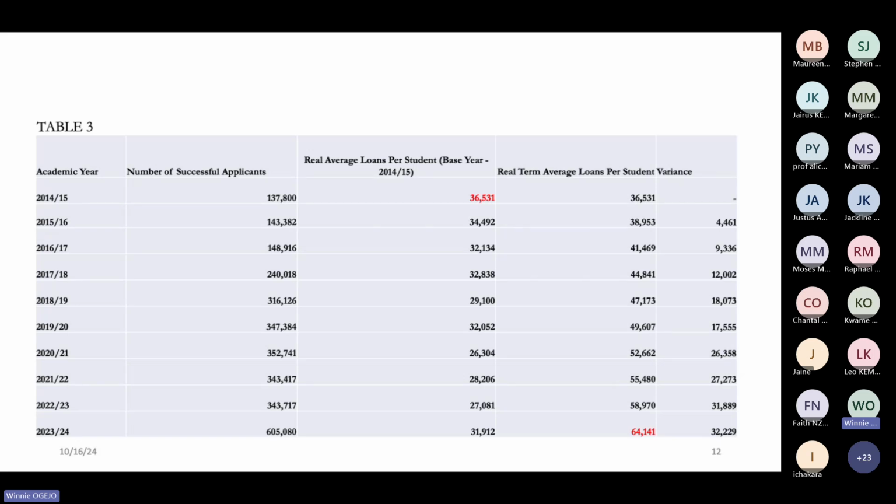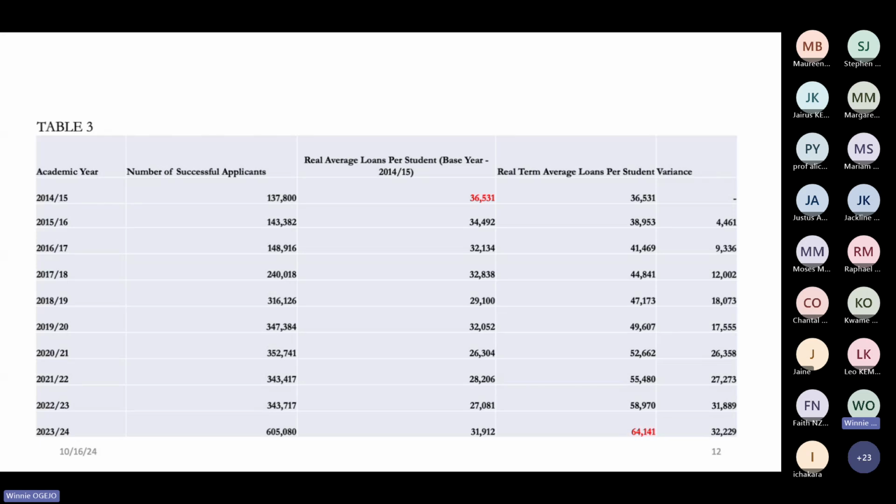And then if you look at the real average loans per student, what we are saying is, for you to be able to fund at the rate and match the buying power of 2014-15, HELP should currently be funding at 64,141 shillings per student on average. But what they're actually funding is just about 56,000.